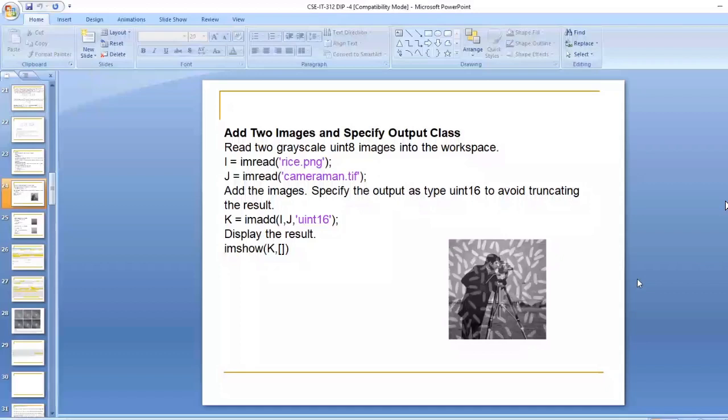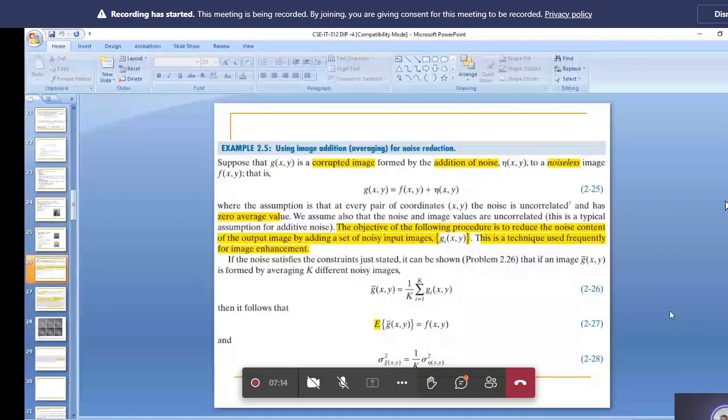Okay. So in the previous class, while I started the arithmetic operation, I said that the addition process is used for the reduction of noise. This is the example here to support the statement.